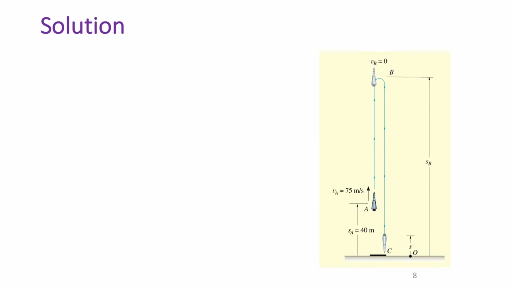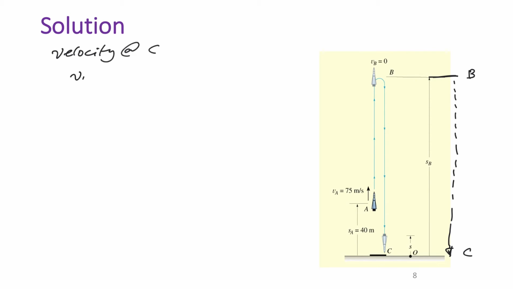Now, for the second part, which is the velocity before it hits the ground at point C. Where is point C? This is point C. Now, we will only consider this portion of the motion, right from here at point B all the way down to point C. If we look here, the dynamic state at point B is known.